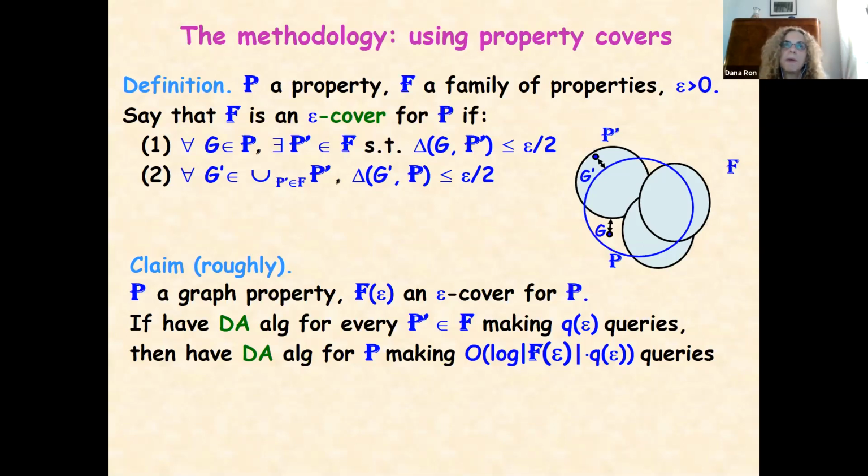So the claim again: if I have a cover that's not too big, since I depend on the size of the cover, and I have a distance approximation for everybody in the cover, then I'm doing pretty well. I also want to say that, in retrospect, looking at previous works, even those with the regularity lemma in distance approximation, they had implicit covers, but they weren't explicit.